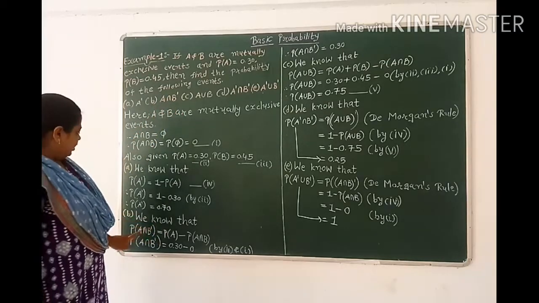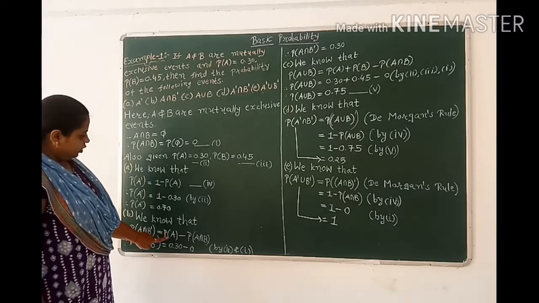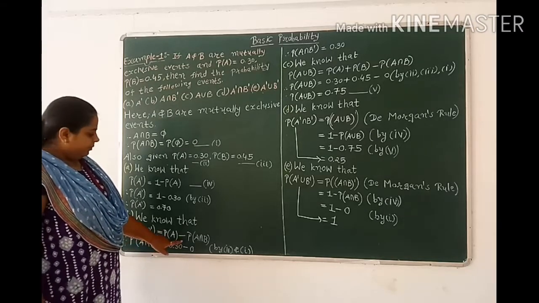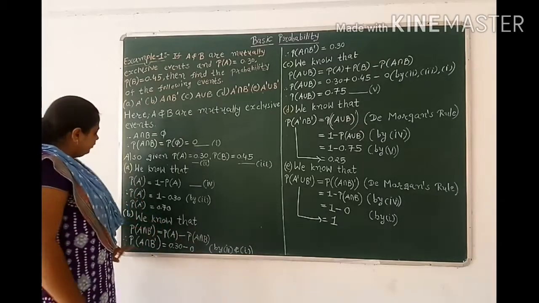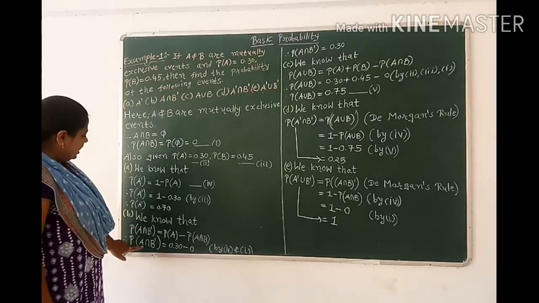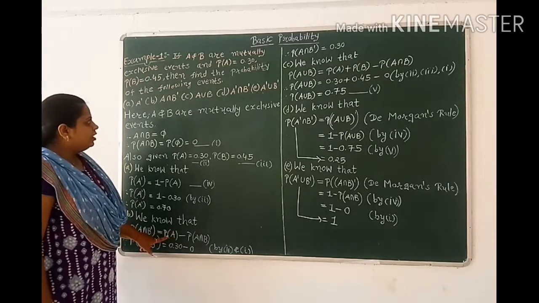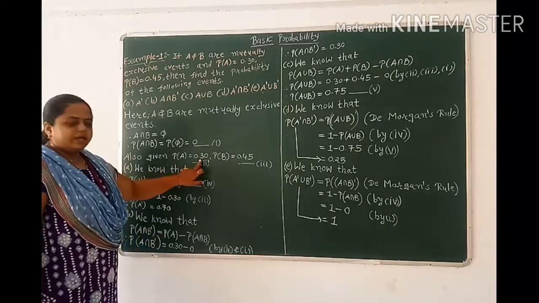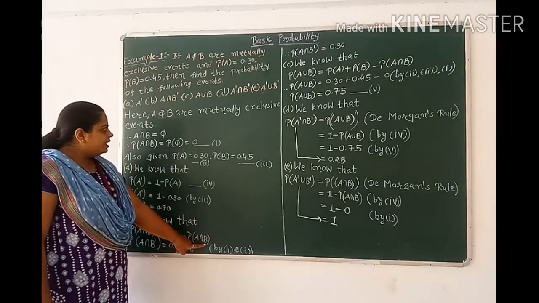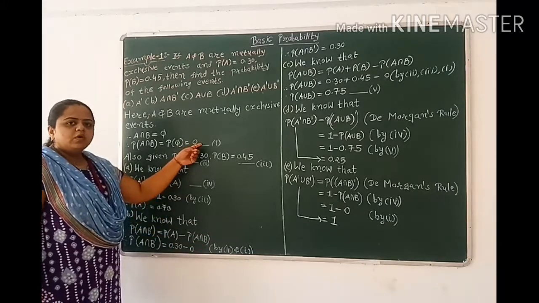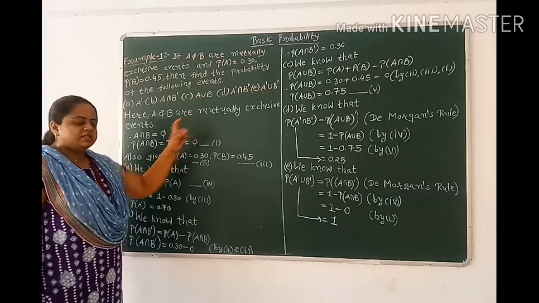Now next one is A intersection B dash. We know that probability of A intersection B dash equals probability of A minus probability of A intersection B. Therefore, probability of A intersection B dash equals, here we have probability of A equal to 0.30 and probability of A intersection B equal to 0 because A and B are mutually exclusive events.